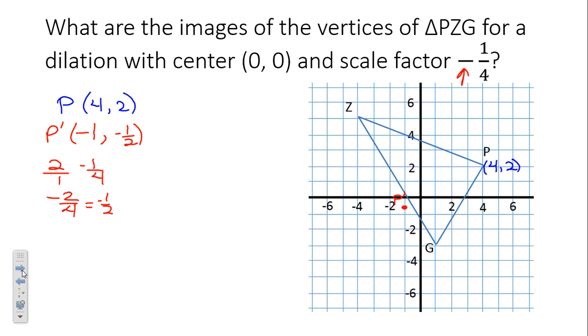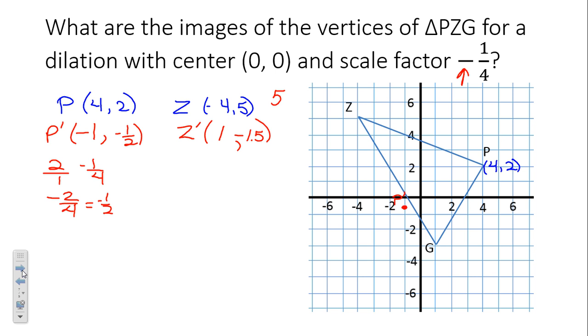Braxton, what was our original point Z? -4, 5. So what will our new Z be? Jake. I take -4 times -1/4. +1, good. And if we take 5 times -1/4, what will we get, Laura? -1.5, good.